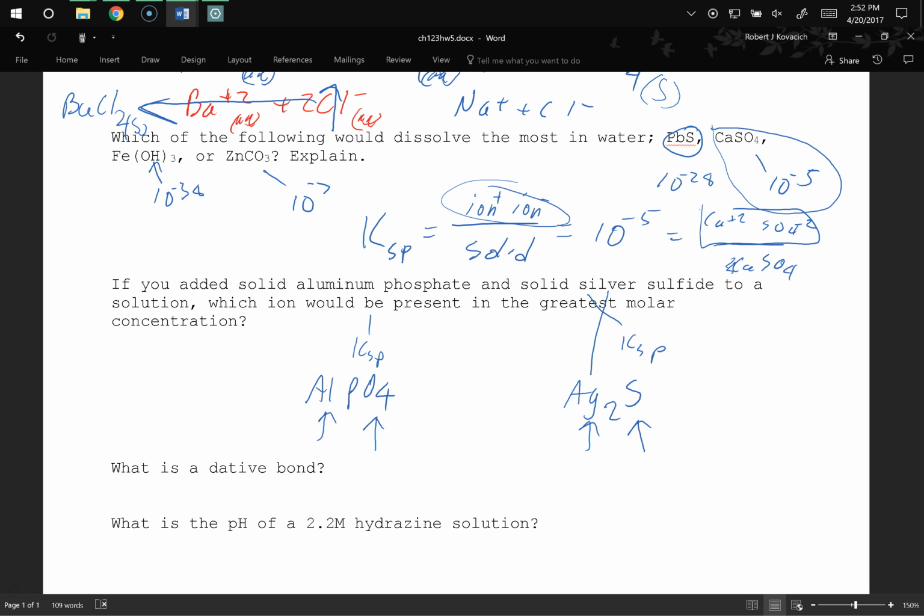So do we have the KSPs for this one? What's the aluminum phosphate? Probably super low. Okay, so a 10 to the negative 21 number. And then what do we got over here? Seriously? 51? Okay, I wasn't expecting that.